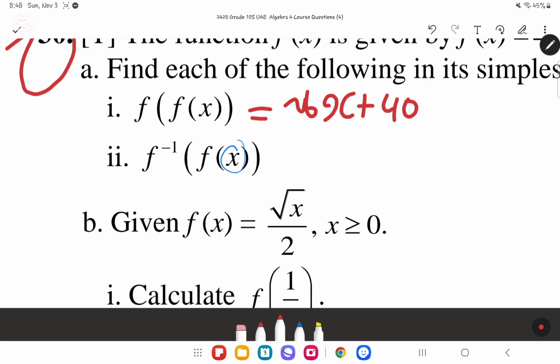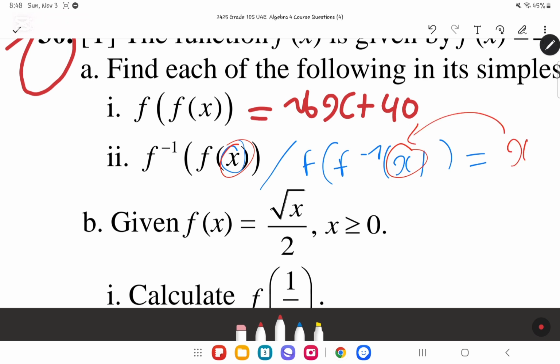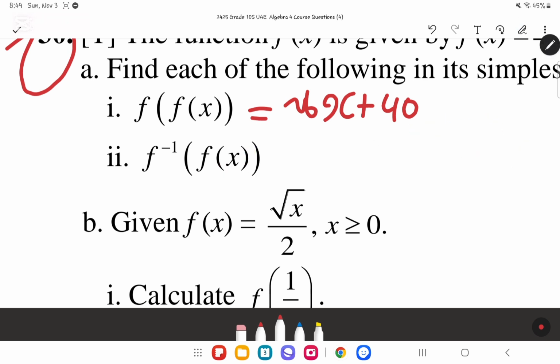Anytime you need to substitute the inverse of a function with the function, either way, your answer is going to be the number inside the brackets. If it's a number, a fraction, a decimal, a variable, it's going to be the number over here. So in this case, it is x. Now over here we can write it's equal to x.